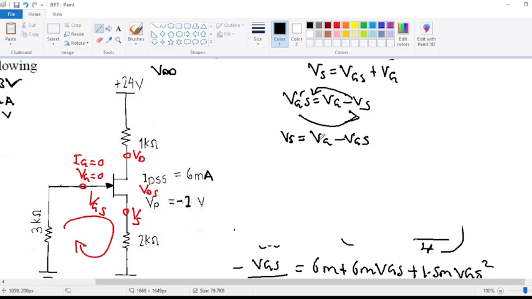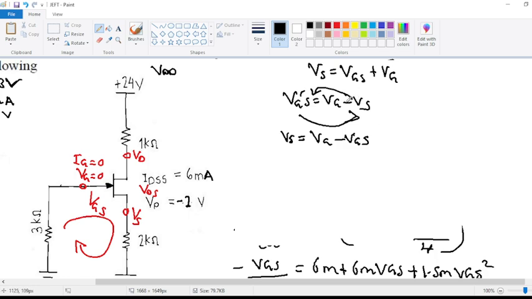VS is equal to VG minus VGS, instead of this one here, because if you move this one here, we are going to have VS minus VG. So we have to make VS the subject of the formula.